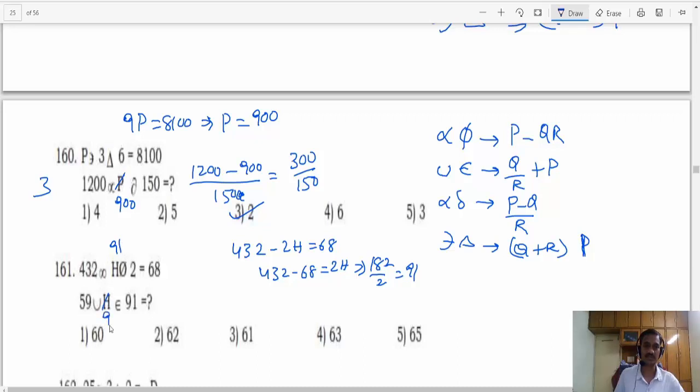It can be replaced. Now according to this one, Q divided by R. Tell me what we get. 182 divided by 2, this is 91. Now as it is 91 here, Q divided by R is 91 divided by 91.